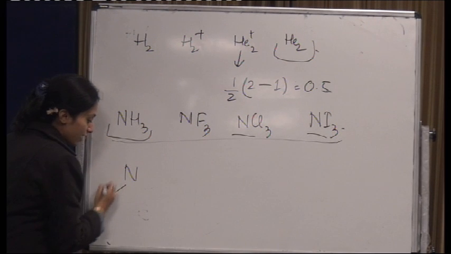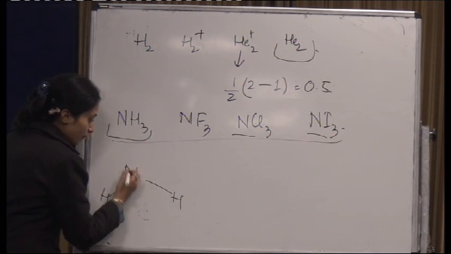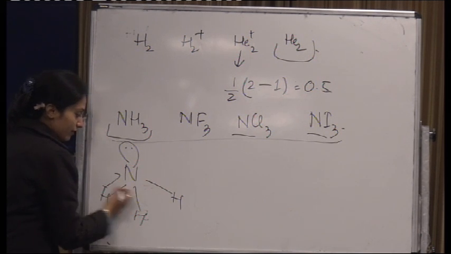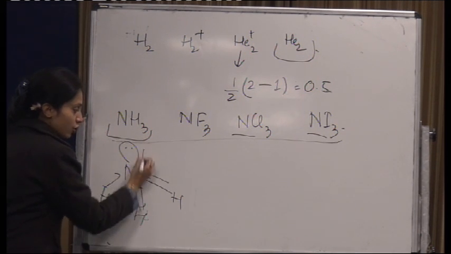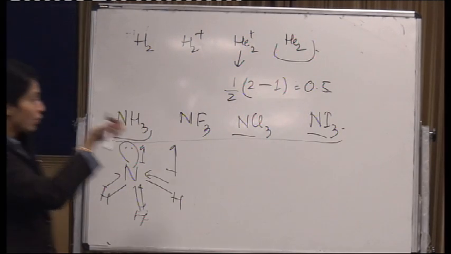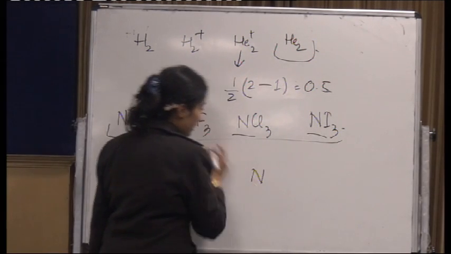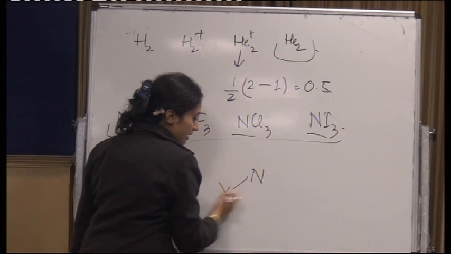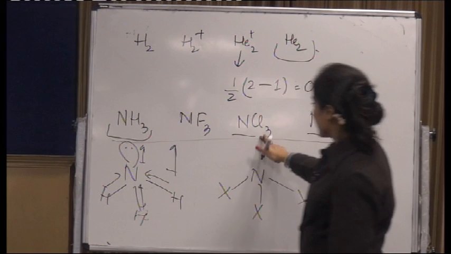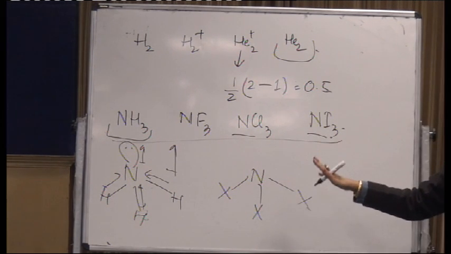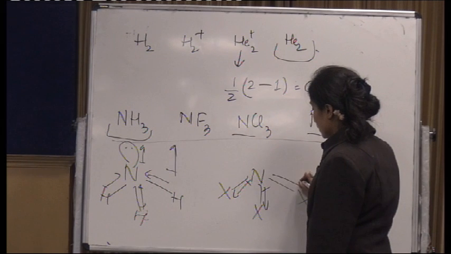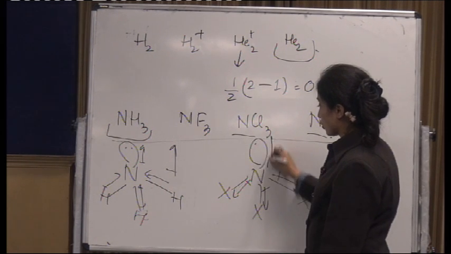In case of NH3, what we had was a lone pair and you had H. So all of them were facing in the same direction. So the net dipole moment was all going in one direction. Whereas in all of the rest of the cases, your F, Cl and I are all electronegative in nature, and the electronegative atoms will face opposite to the direction of the lone pair.